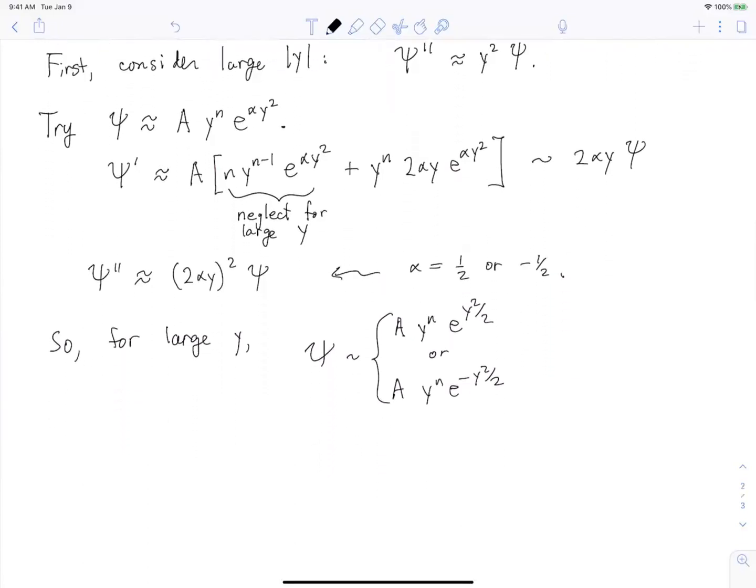The first one is the plus 1/2 for alpha, and the second one's the minus 1/2. But now we can reject the first one, and the reason we can reject it is because it's not normalizable.